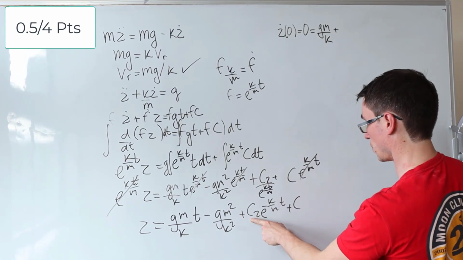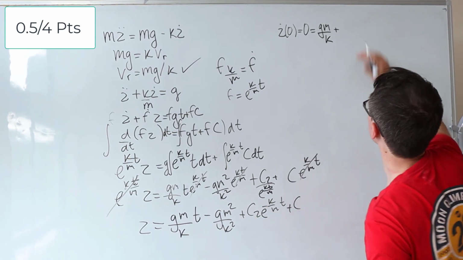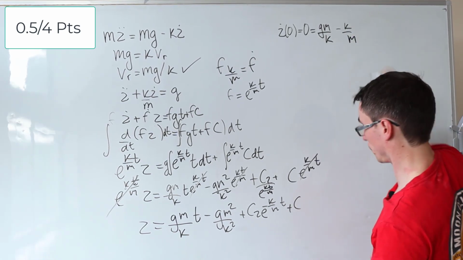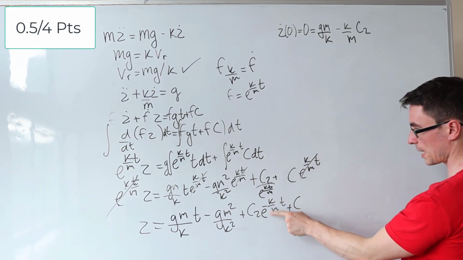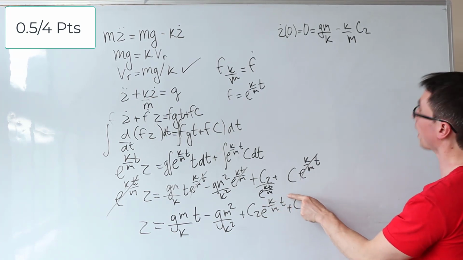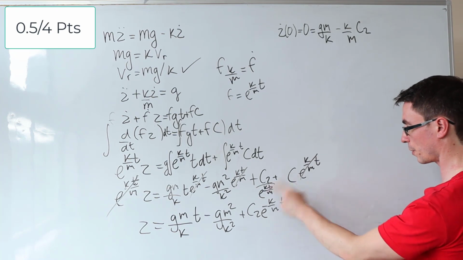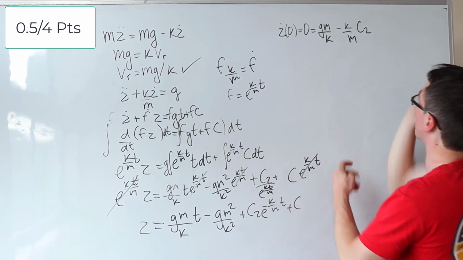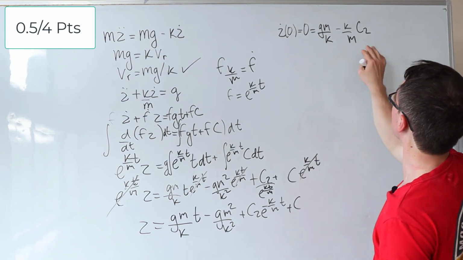Plus c2. If we were to differentiate that, we're going to get a factor of minus k over m, and then e to the minus k over m times the time t. At t equal to 0, though, this expression here will just turn into 1, which I'm not going to bother writing. Okay, cool.